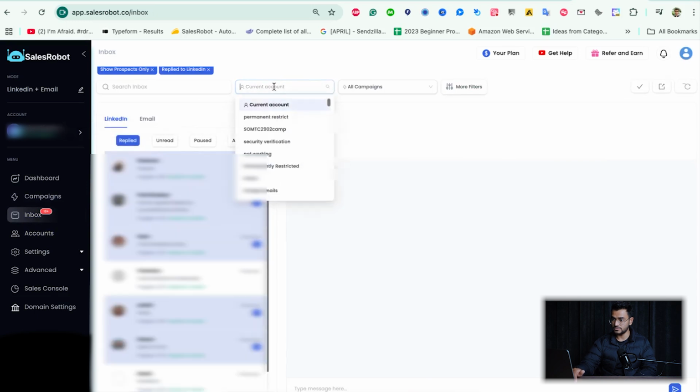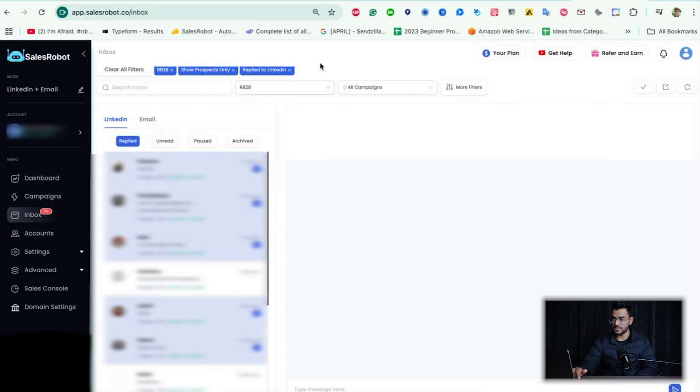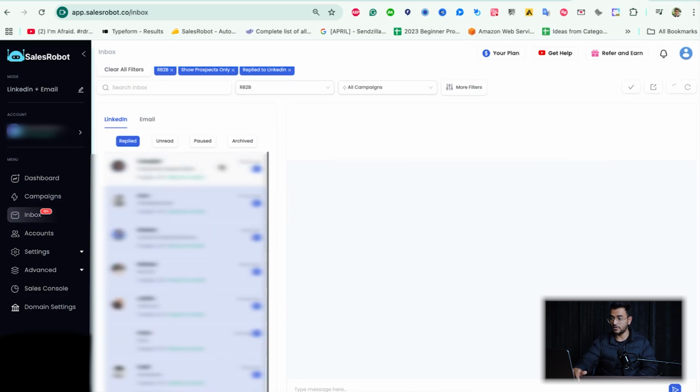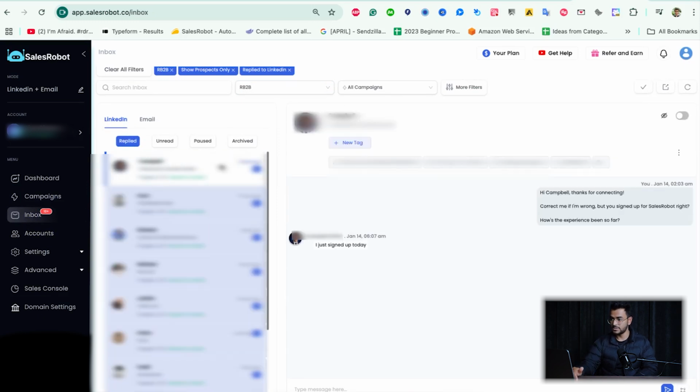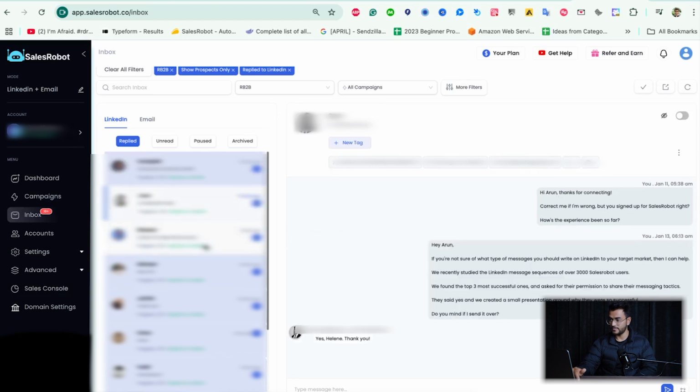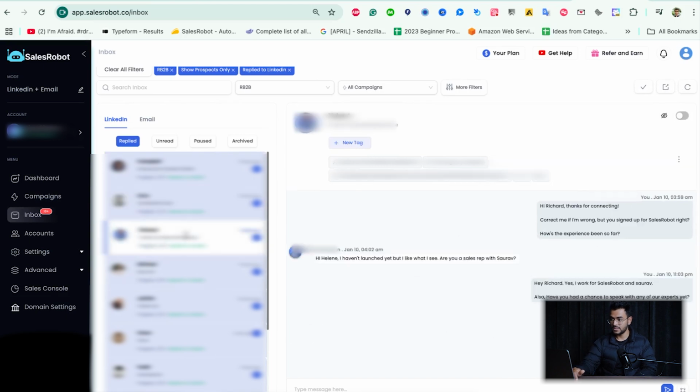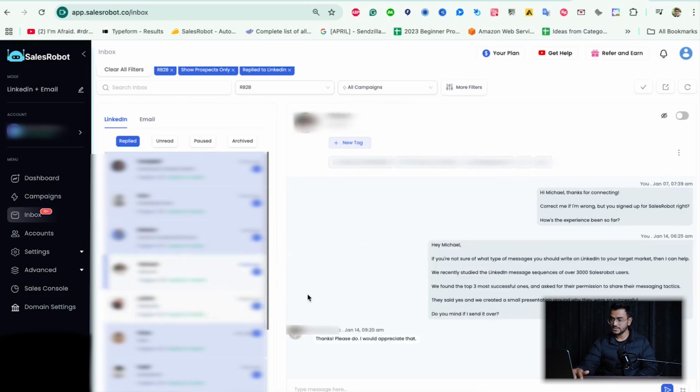If you look at the actual data and the kind of replies we're getting, a lot of those are smaller deals, but we're getting a lot of them, so we're making it up in volume. People are saying, I just signed up today, yes, thank you. So we're adding some value, sending some more information, getting replies, getting some interest.